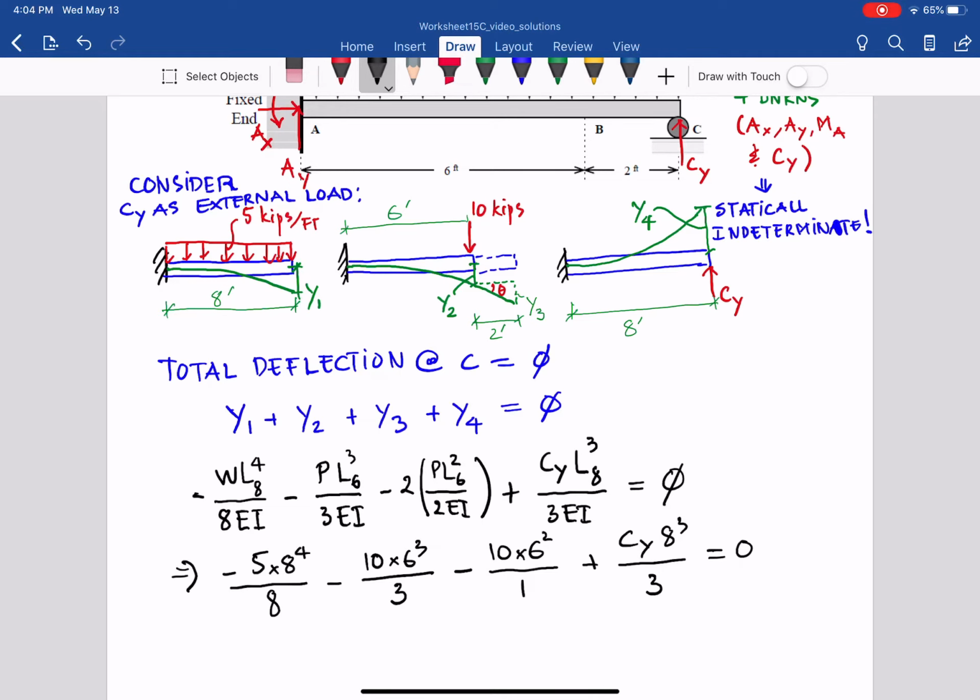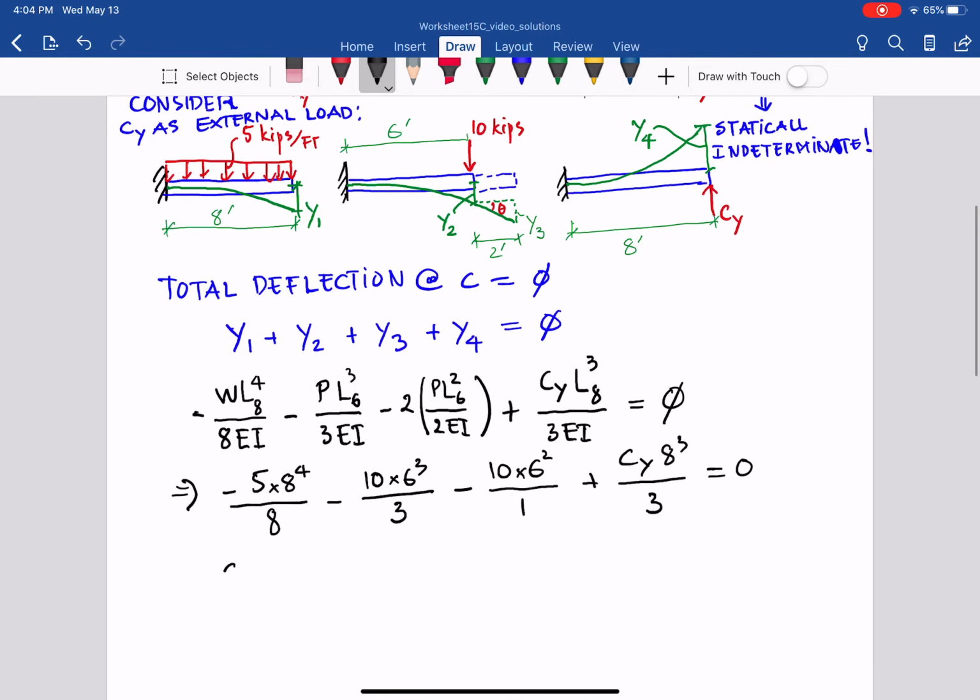And from that we can find CY: one equation, one unknown. Wow, very marvelous. 21.3 kips, positive going up, and that is the first answer.